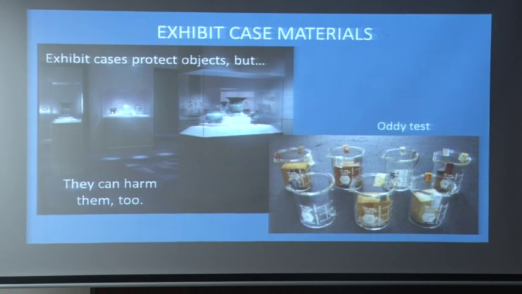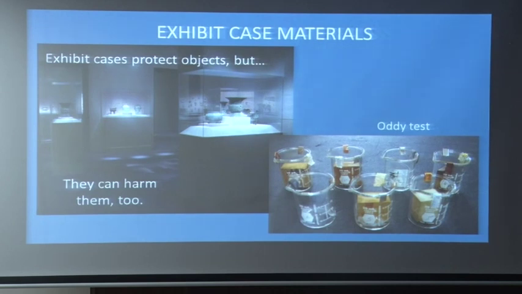What we do in the museum world to try and tell whether or not the material is good is we test it ourselves. There's a particular test known as the Oddy test, which takes little metal coupons and puts them near little samples of the materials you want to test, and puts it in a high humidity environment and looks for what reactions the various metals have.